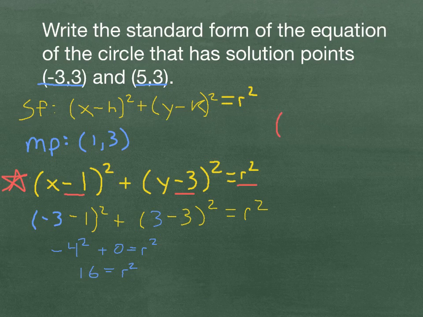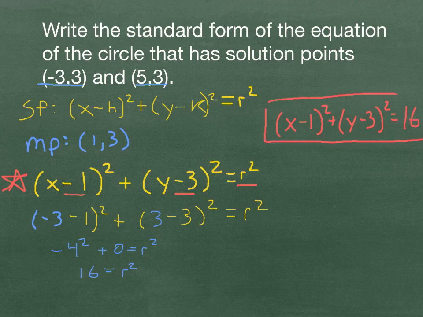So the equation and the final answer is going to be x minus 1 squared plus y minus 3 squared equals 16. This is your final answer.